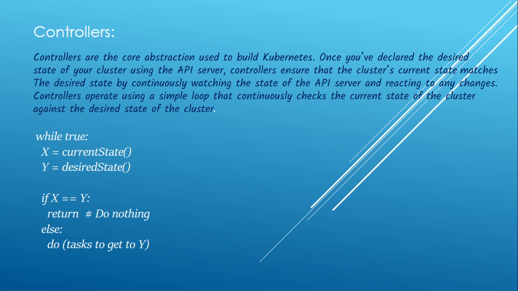In theory, you declare the desired state of your cluster using the API server. That means in Kubernetes, whatever service we are going to deploy is done through API calls only. We write a manifest, which is the term used in Kubernetes. In the manifest, we write JSON or YAML files. In this session, I am going to present the JSON files only.